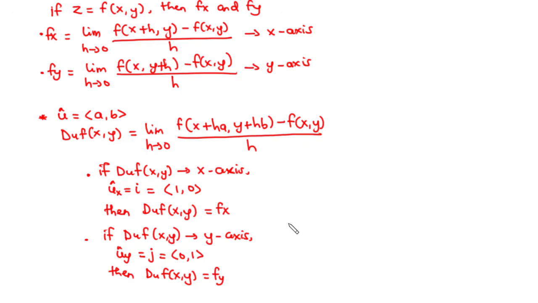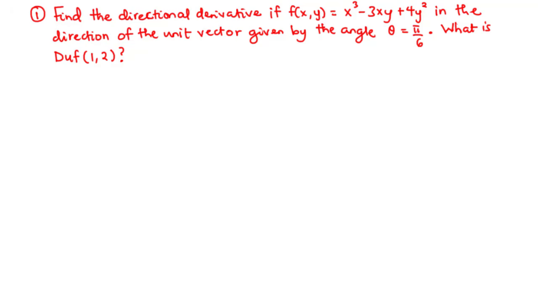So in this case, we can say that fx and fy are just special cases of the directional derivative. Now the directional derivative of a function at a point x, y in the direction of an arbitrary unit vector can as well be represented as du f of x, y equals the partial derivative of the function with respect to x times a, plus the partial derivative of the function with respect to y times b. And notice that a and b are the x and y components of the unit vector.